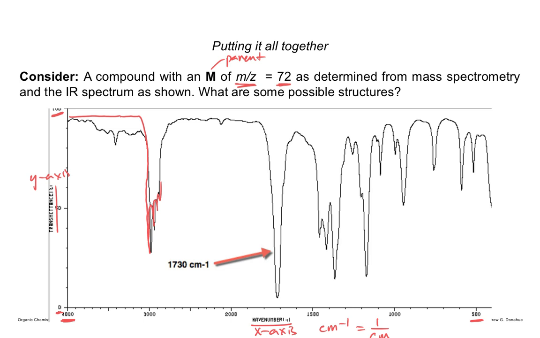So we have that piece of data, 72, and then on this particular spectrum, the main signal that we're going to pull out of this is this one indicated at 1730. So 1730 wave numbers. So again, up here, that's 100% transmittance.